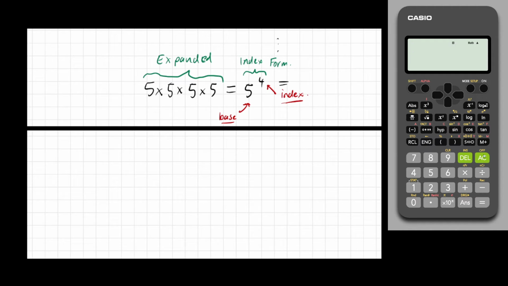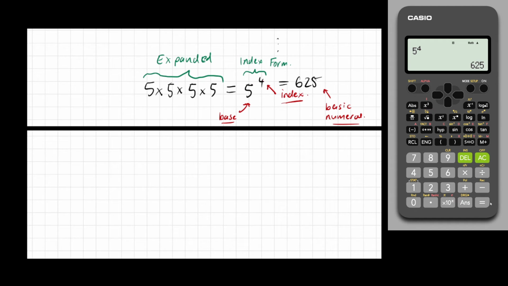And of course, we could actually put this in our calculator and get a number. So if I put 5 to the power of 4, I get 625. And this is just a basic numeral, okay? Because that's just basically what the number is. It's just the number itself. The important bit is this base is the 5 and the index is the 4.